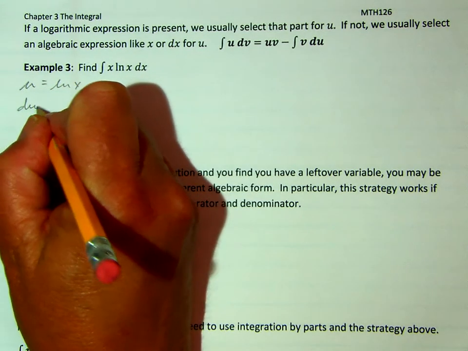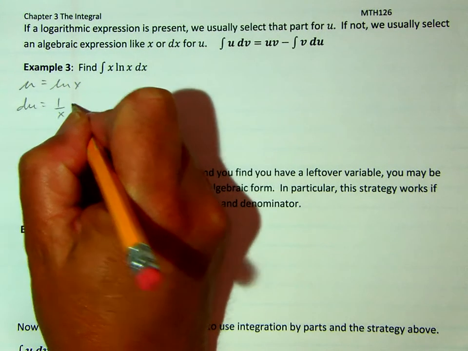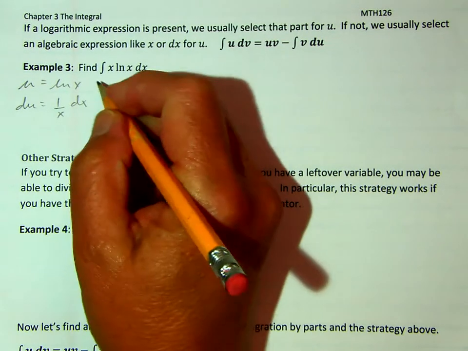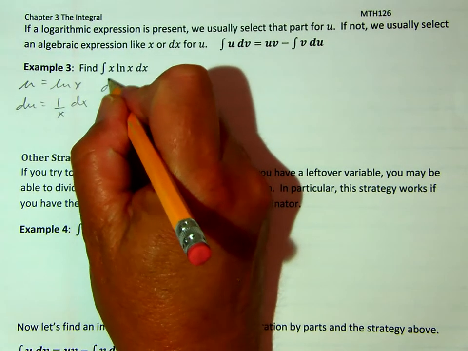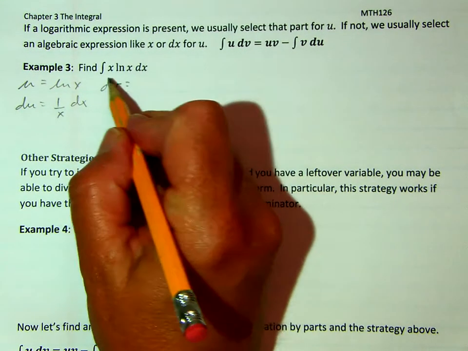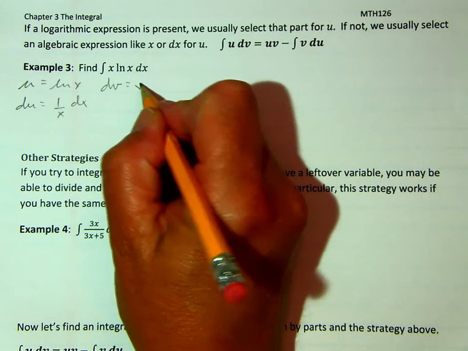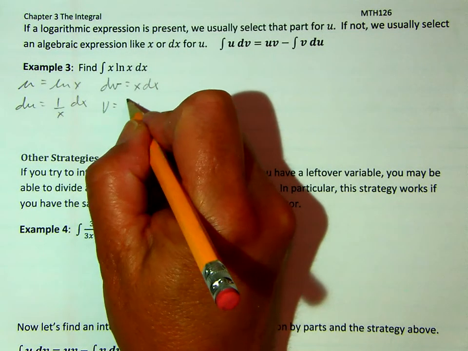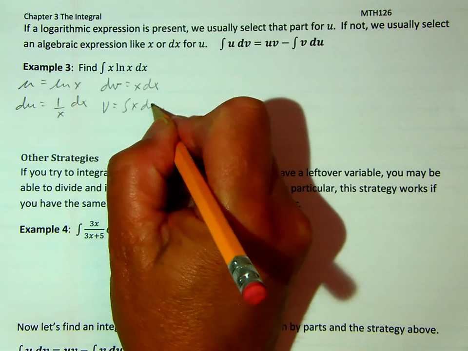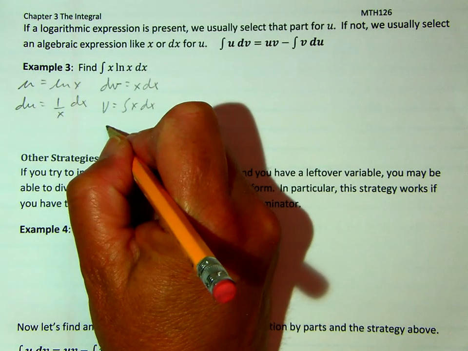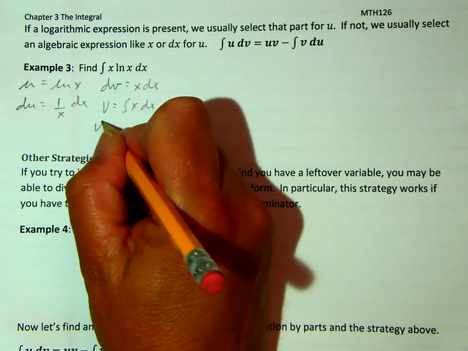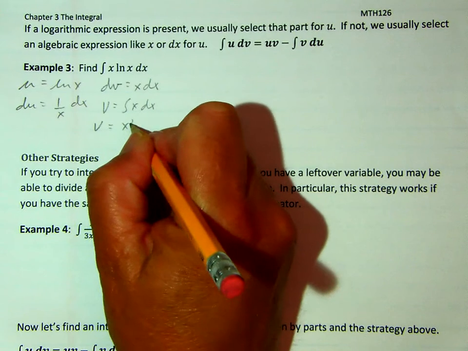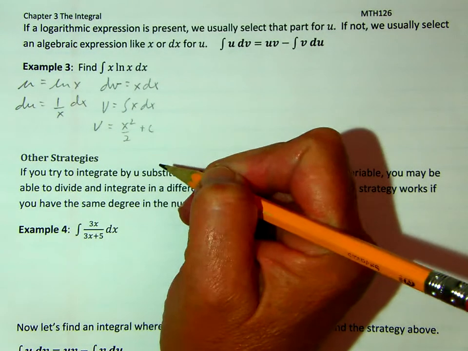Then du would be 1 over x dx. So dv has to be whatever is left, so that would be x dx, which means that v is the integral of x dx. So that would be x squared over 2 plus c.